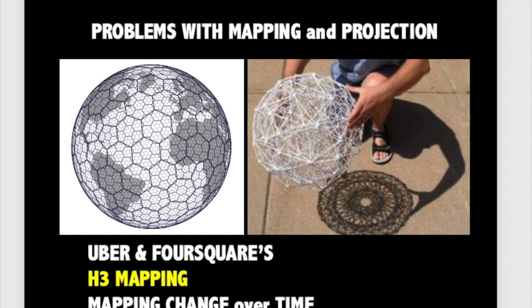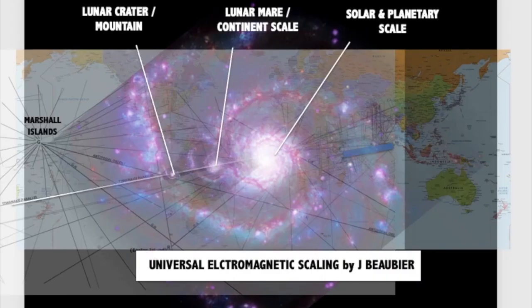And the only way I'm going to be able to really map this well is if I can do it with H3 mapping, because it's a mapping of change over time, and I'm really hoping to get involved with that, but it's tough. But what I'm showing you is basically shadows of two balls like this interacting. So it's a lot of overlay, and it's complicated, but it's worth it.